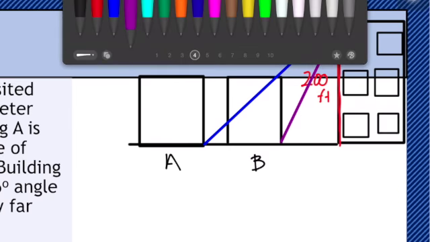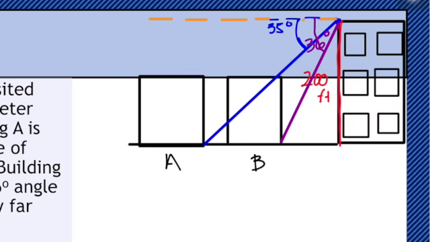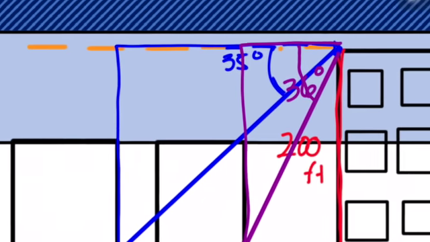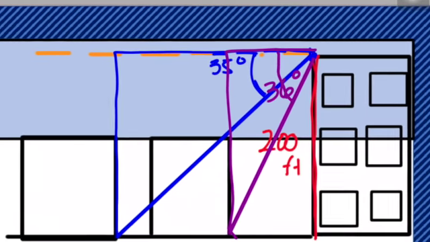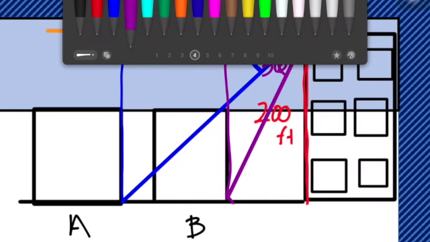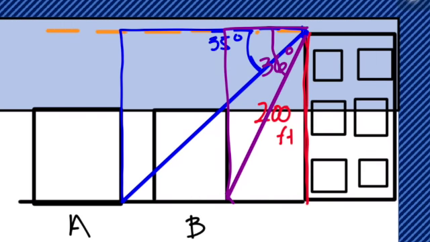So the first triangle we have is the one created with building A. So I'm just going to draw this line straight up. Right? There's our first triangle. And then our second one is the one that's created with building B. So draw a line straight up, and then there we go. So we've got two things we need to find here. We want to find the distance between the two, right?